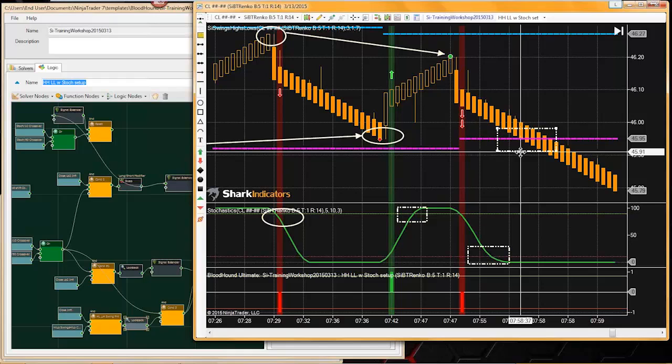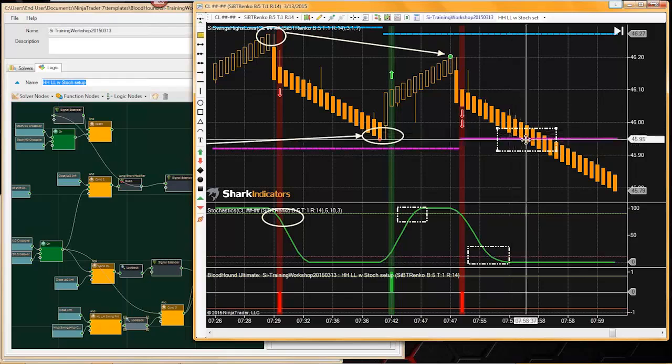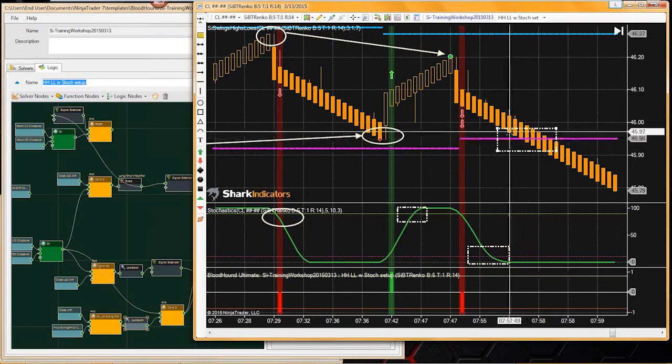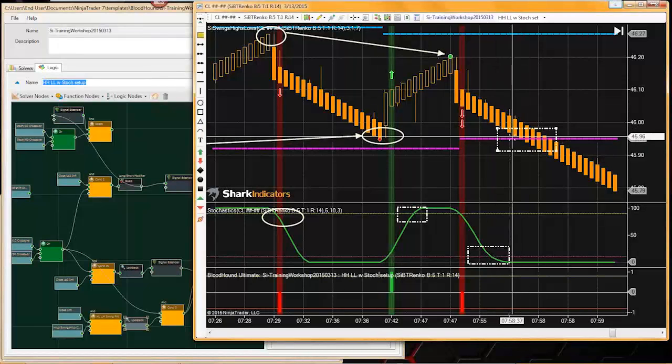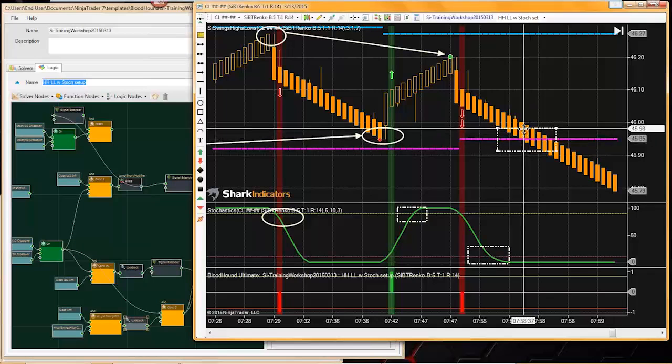And I'm noticing that what happened in this failed condition 3 is price crossed over that low point, or it crossed over our plot. It crossed that magenta plot. So we had this crossover condition that was a failed condition 3.